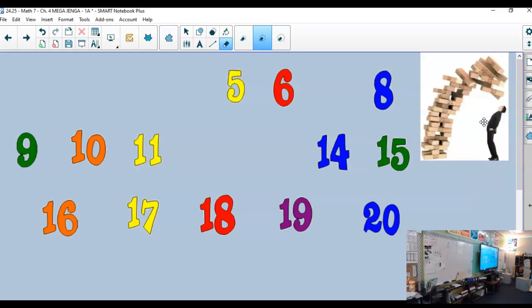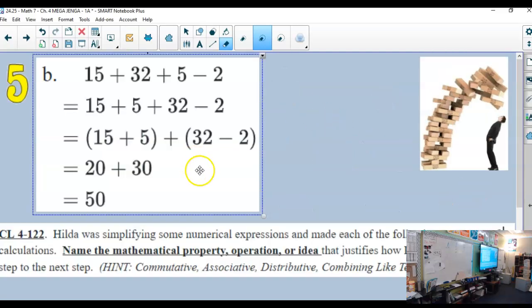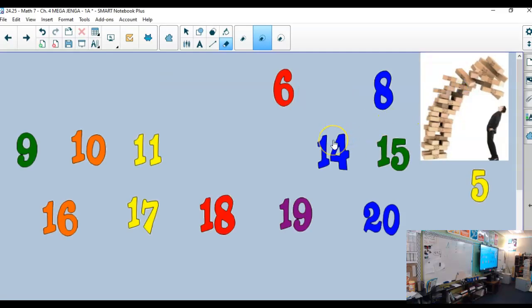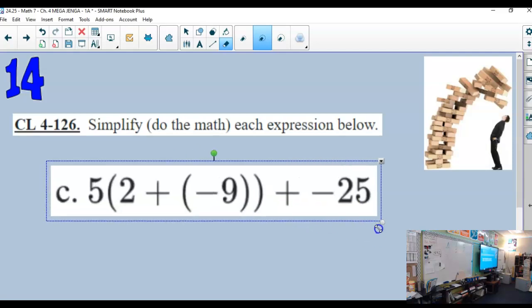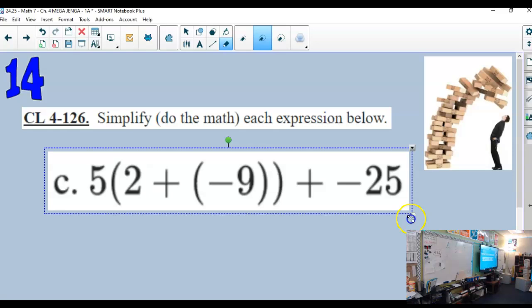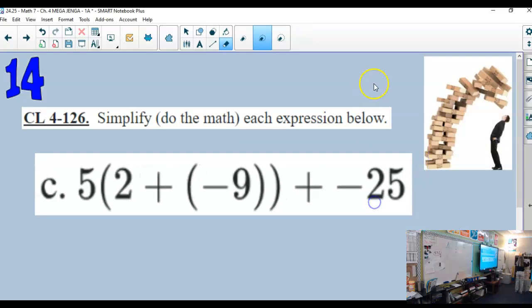And last problem, probably. Elias, pick a number. 5. This one's going to take a bit. Pick another one, because we only have like 2 minutes. 14. Yeah, let's do this one. Do the math. 7 or 9. If it was a middle, it was a 7. If it's an outer, it's a 9.